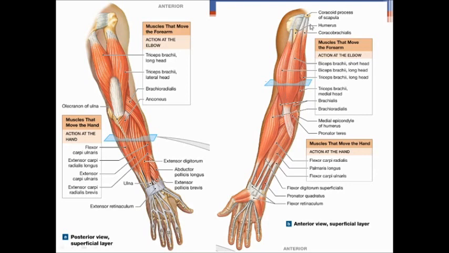Then from the anterior view, you can see the biceps. You can see brachialis a little deeper to that. You can see brachioradialis. And it's also important to know that all the flexor muscles of the forearm are on the anterior side of the forearm. That would be good to know too.